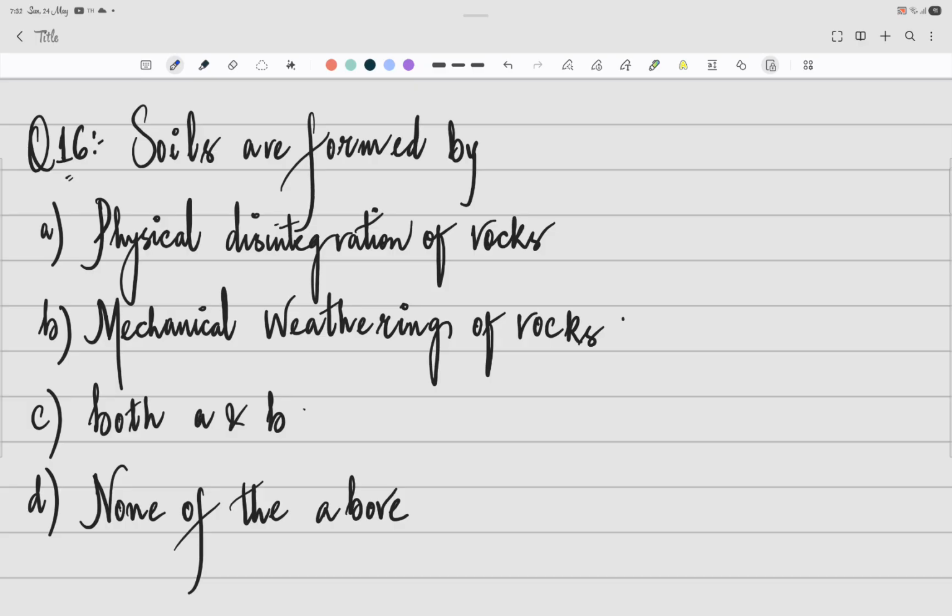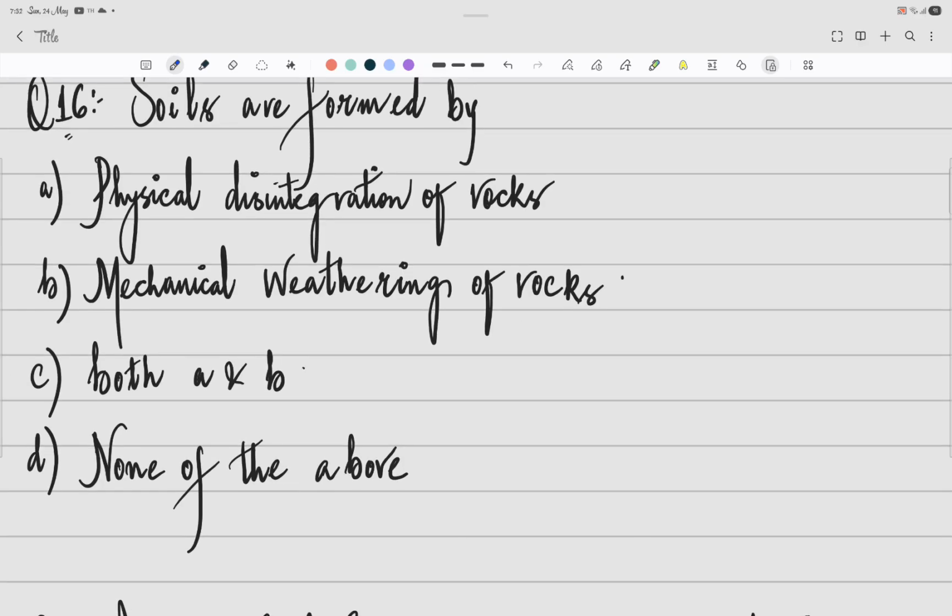Soils are formed by physical disintegration of rocks, mechanical weathering of rocks, both A and B, none of the above. We know that in soil engineering, soil is defined as the unconsolidated material composed of solid particles produced by the disintegration of rocks.